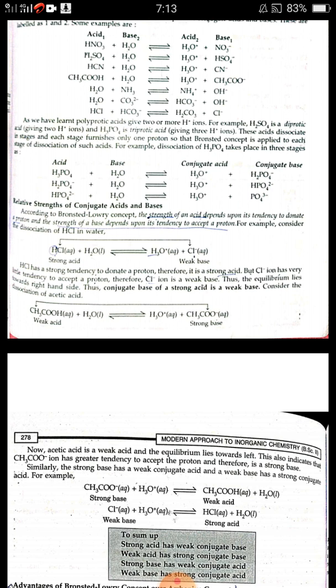Like when HCl dissolves in water, it easily gives a proton and converts water into hydronium ion H3O positive. So HCl has a strong tendency to donate a proton, so it is a strong acid, but Cl negative ion has very little tendency to accept a proton, so it behaves as a weak base.